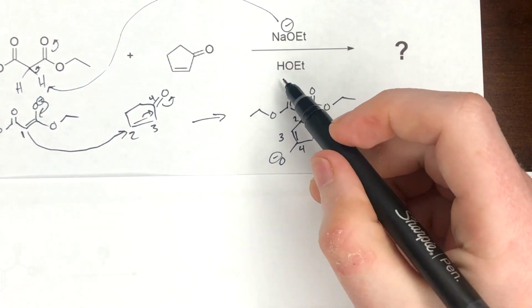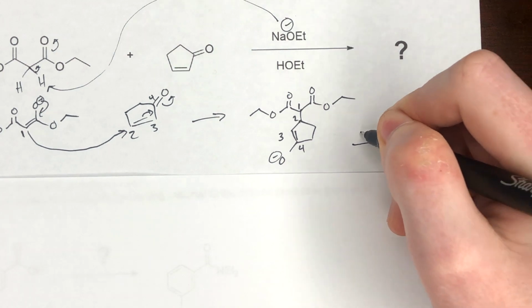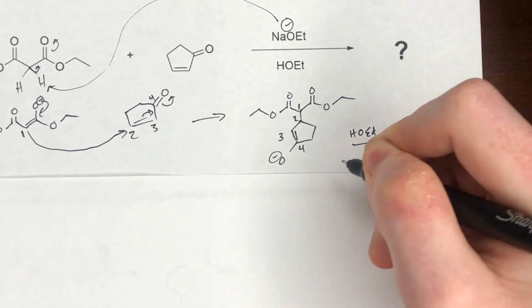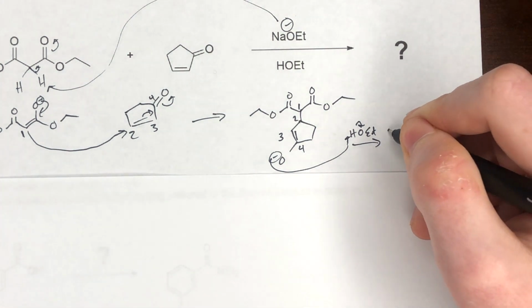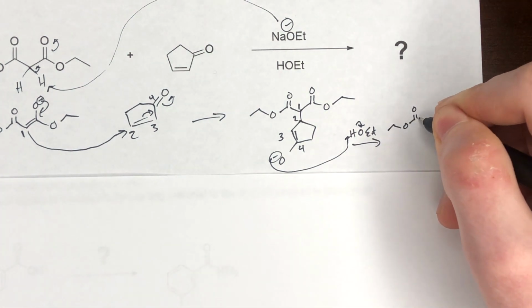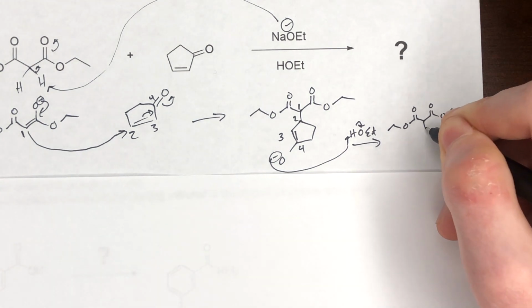Then we have this alcohol, which is going to be our proton source for protonation. So this will give us this structure here.